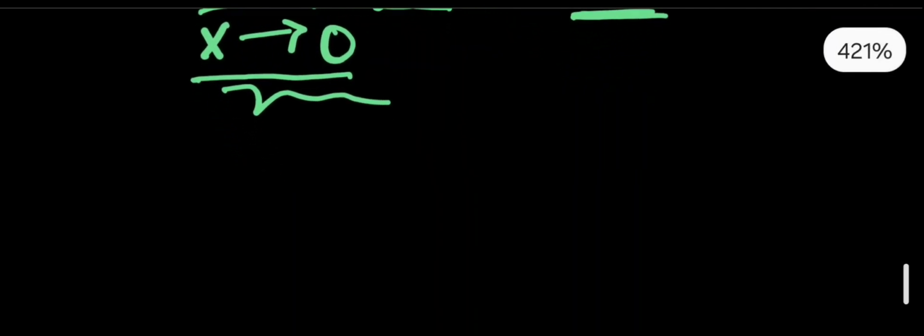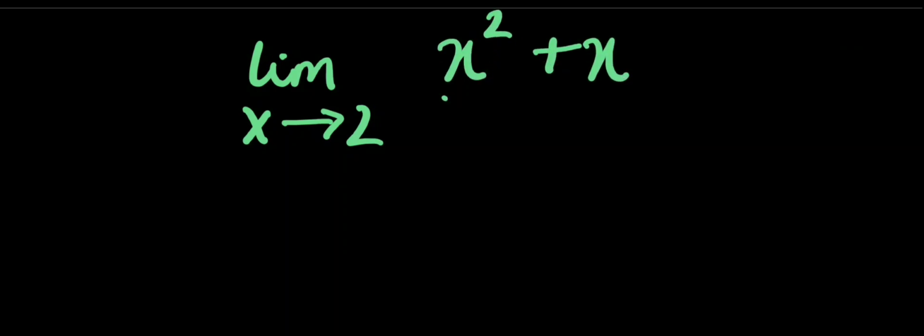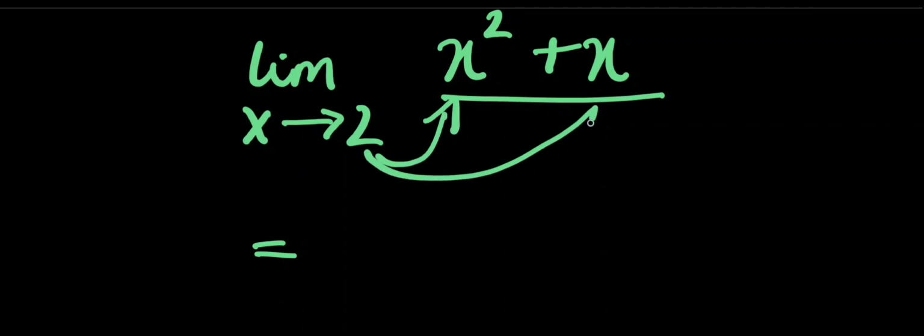Alright. Now I'll go with an example sum. Suppose we have the limit as x approaches 2 of x squared plus x. What do you think this would be? You can pause and solve. Okay, you can substitute the x values.